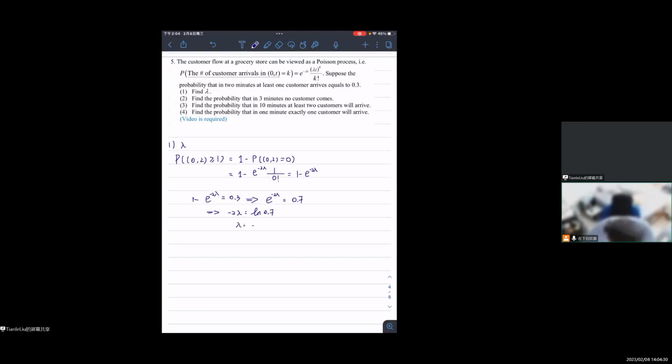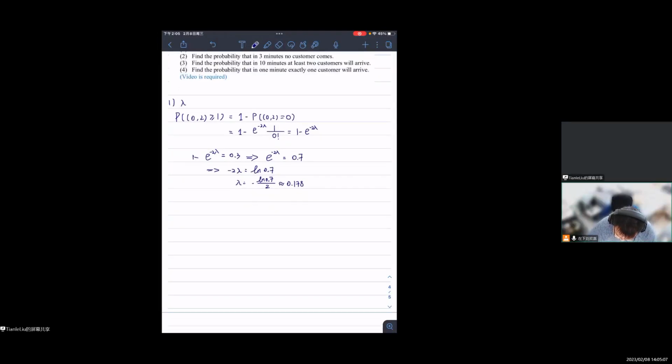We have lambda equals negative ln 0.7 over 2, and we can use the calculator to round it up for the further calculation. It's rounded to 0.178.